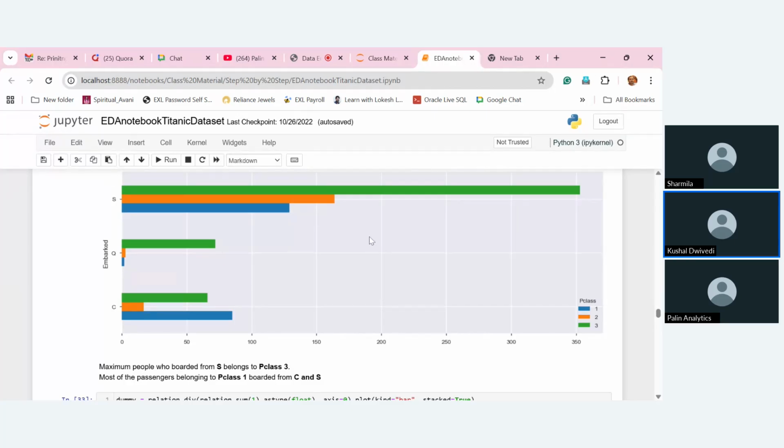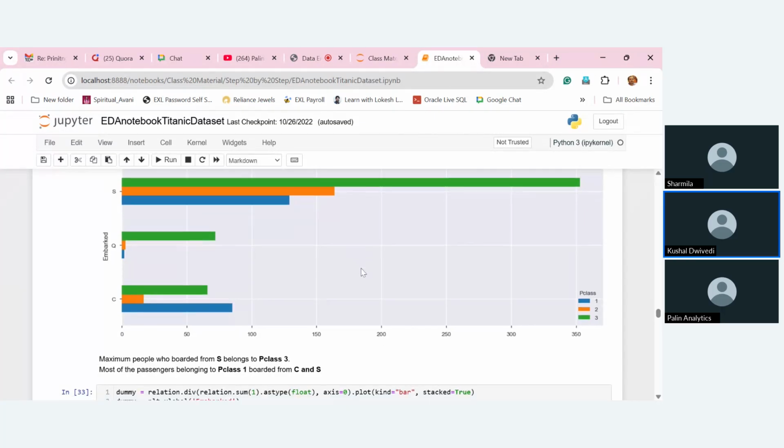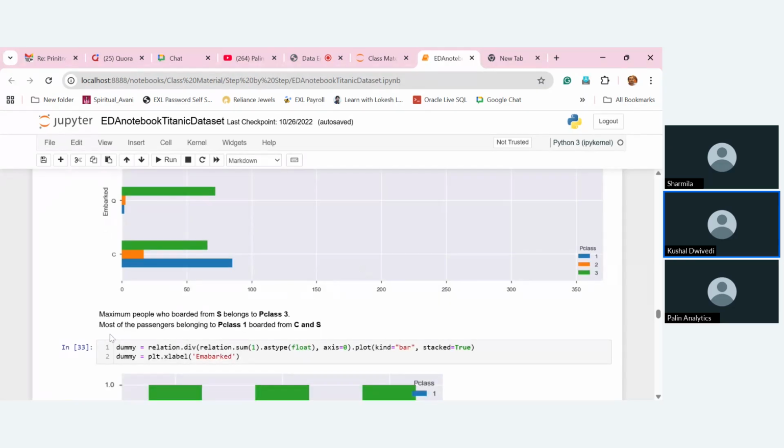That's the reason you can see very high bars for Southampton in comparison to Queenstown and Cherbourg. Most of the passengers belonging to passenger class one boarded from Cherbourg and Southampton, and the maximum number of people who boarded from Southampton were from passenger class three.